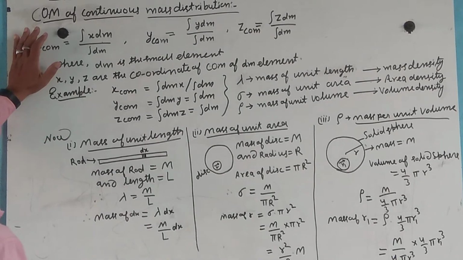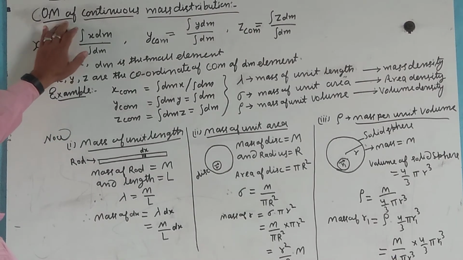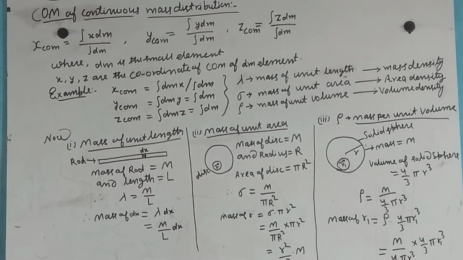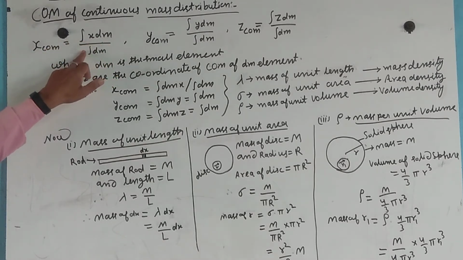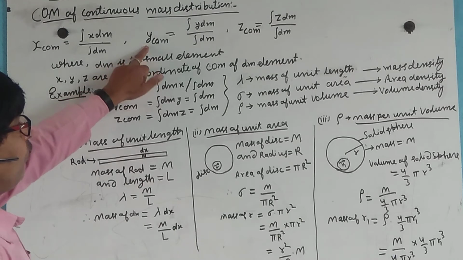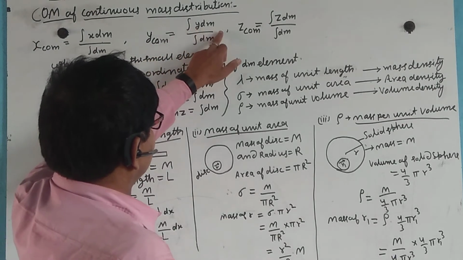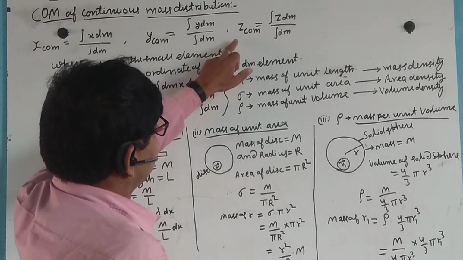Now the center of mass of a continuous mass distribution. In this case, the x coordinate of center of mass is equal to the integral of x dm divided by the integral of dm. The y coordinate of center of mass is equal to the integration of y dm divided by the integration of dm.